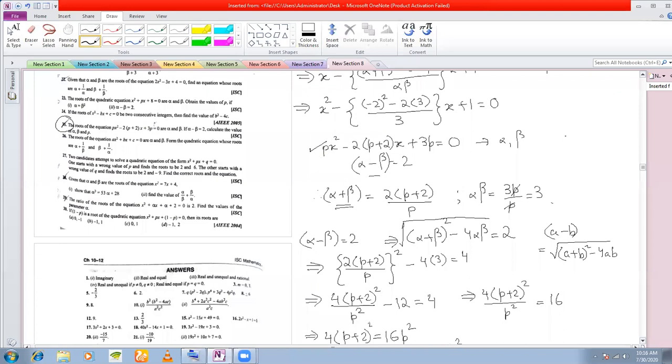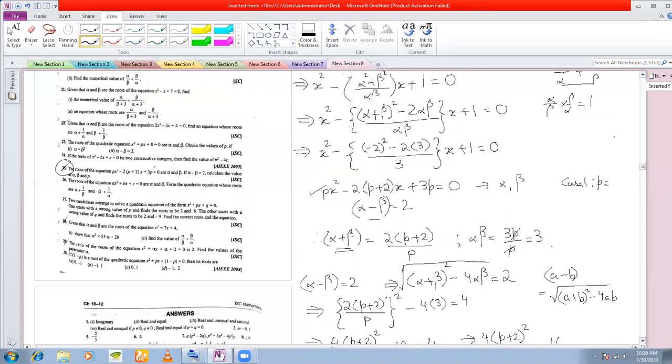In case 1, when p is equal to 2, you get one quadratic, and in case 2, for p is equal to minus 2/3, you get another quadratic. So you solve these two quadratics to get alpha and beta. This is one way you can do.